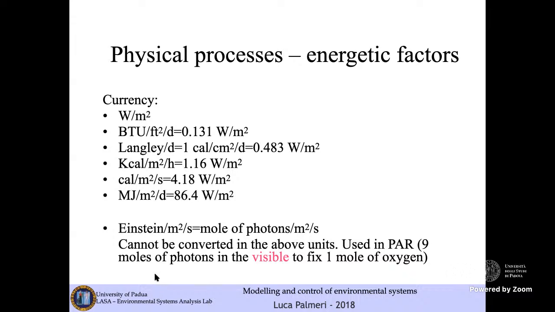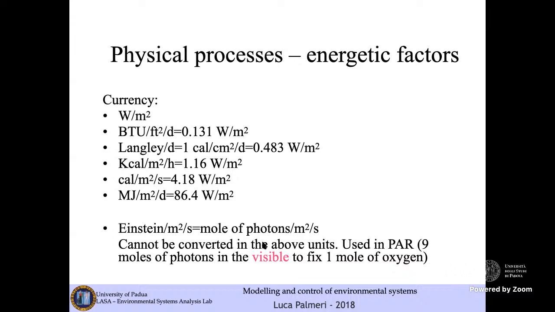So we cannot convert directly Einsteins because, of course, with this definition of mole of photons, not all photons are equal. Instead, in the photosynthetic active radiation definition, we consider those photons that are capable of driving photosynthesis, and these are, as we know, in the visible and some are in the ultraviolet range.